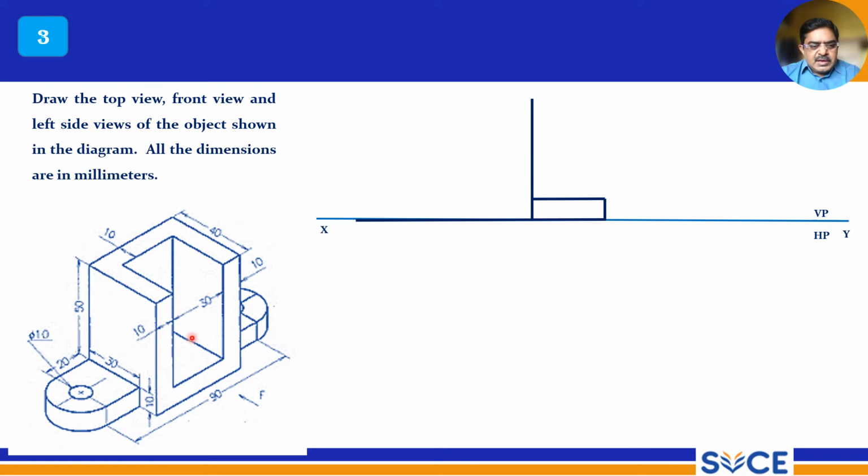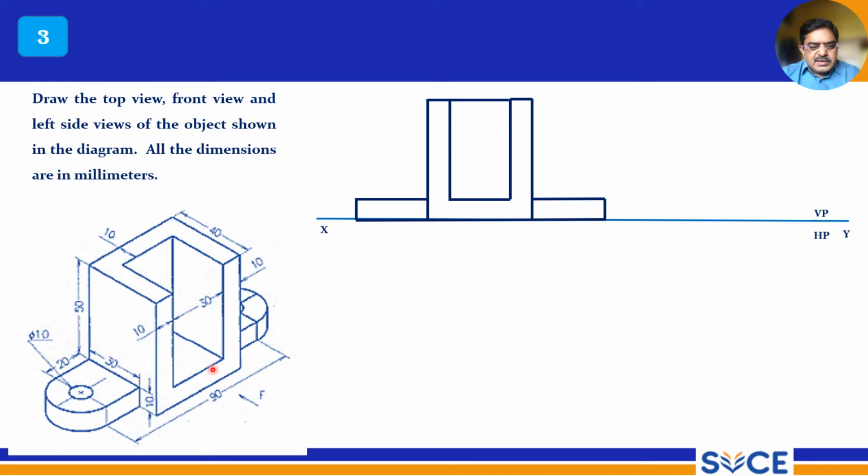Now this is 10, 30, so 30 plus 10 plus 10, 50 mm you can draw a horizontal line, right? So it is 10 mm, and this is 30 mm you can draw here. And now this component is completed. Now there should be a thick line here also.